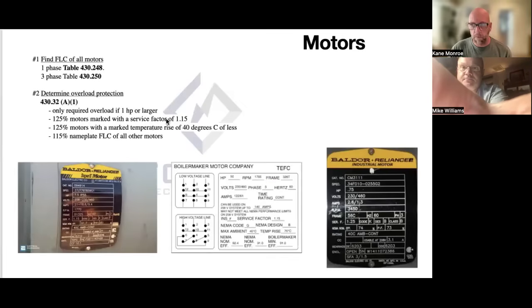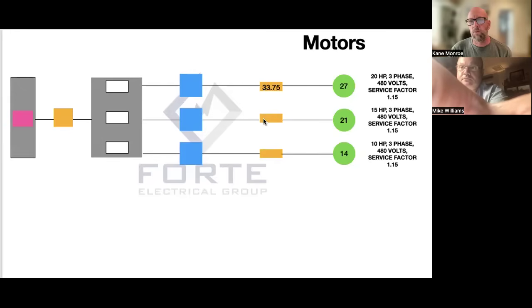So just remember, keep it at 1.25. So you got 21 times 1.25, and then you should have 14 at 1.25, 17.5. Yep, that's what I got. Excellent.